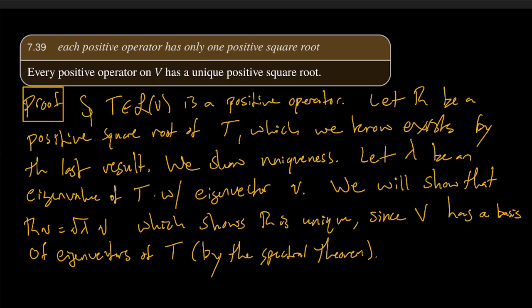Since positive operators are self-adjoint, and self-adjoint operators give bases for their space consisting only of eigenvectors of that operator, V has a basis of eigenvectors of T. To show that R is unique, we just have to find a formula for it relative to eigenvectors of T. That is, if it is uniquely specified on the eigenvectors of T, since they form a basis, it is uniquely specified on all of V. Okay, so let's show it.